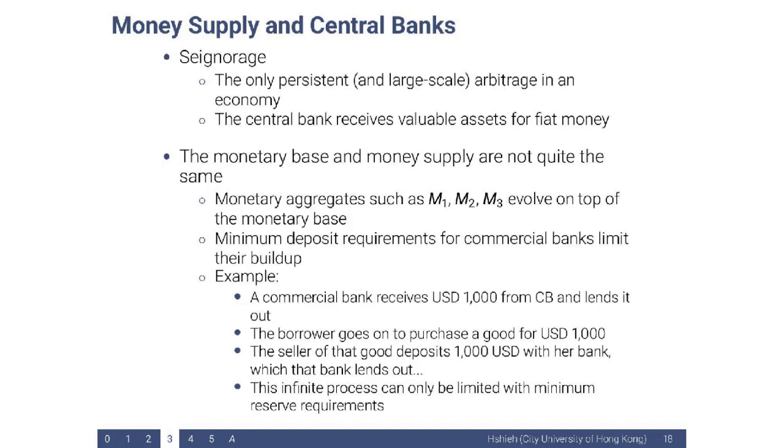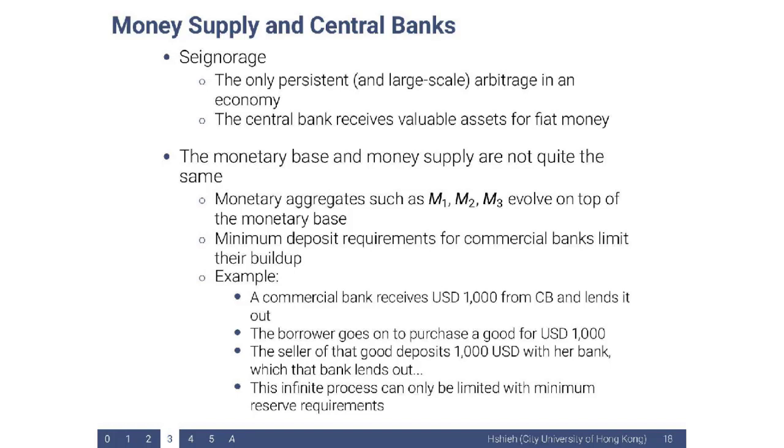This is all because they have this ability to just print money and buy whatever they want. What's interesting now is that in the last few years, Japan has actually decided to print money to buy stocks. It's diving into new territories here. But this is the thing that central banks can do that no one else can do.